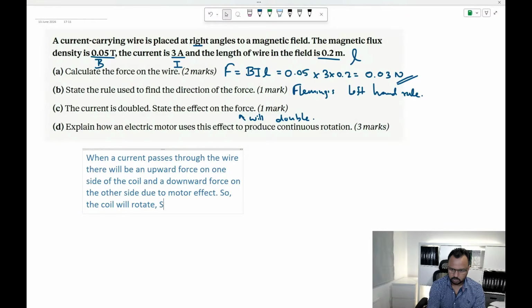Continuous rotation part, there are split ring commutators. Sorry, not slip ring, split ring, my bad.